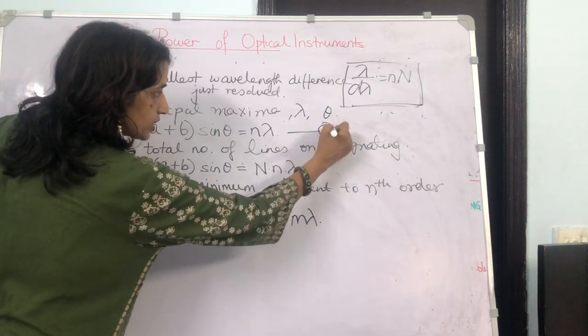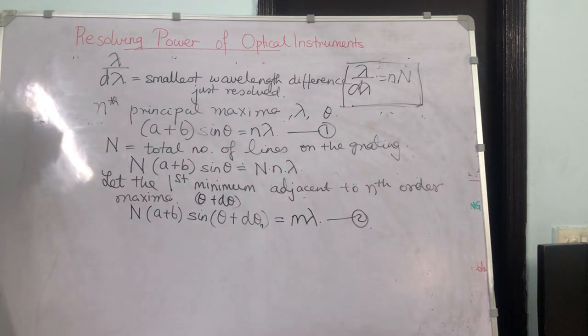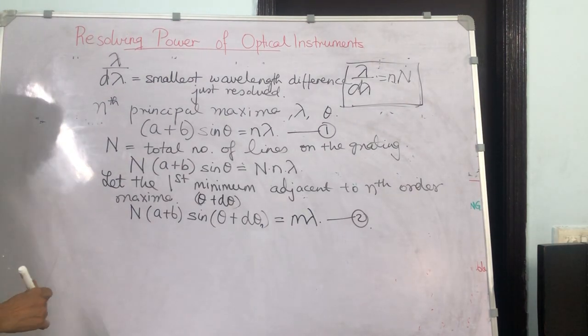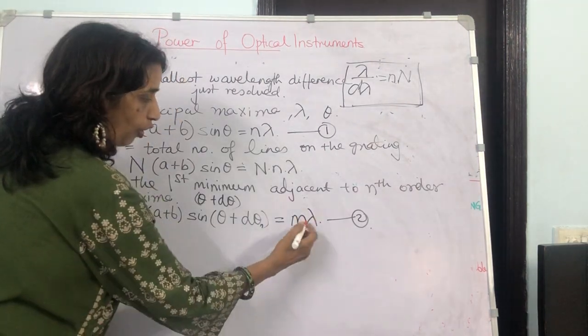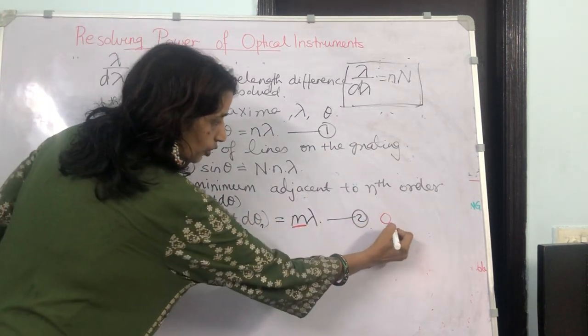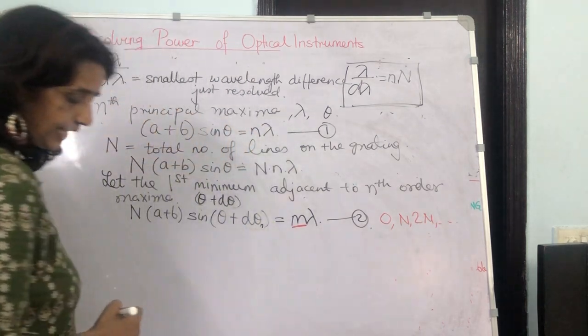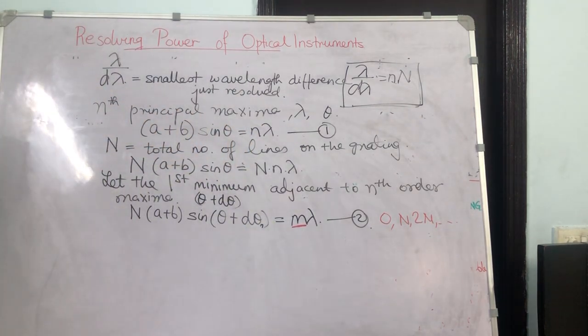See, here it is for single, here it is due to m lambda. Now m is going to take all values except 0, n, 2n, etc. Here the spectra will be absent.